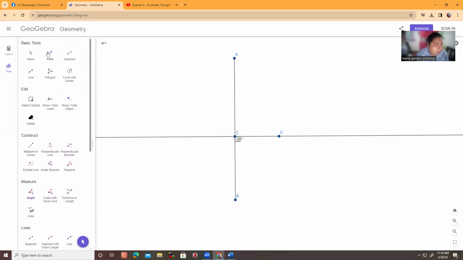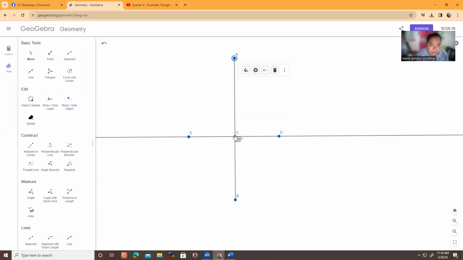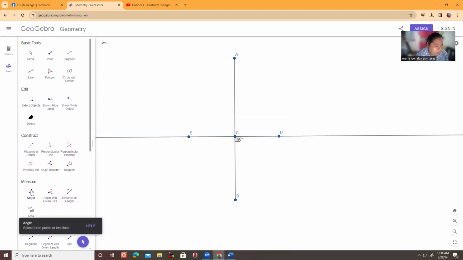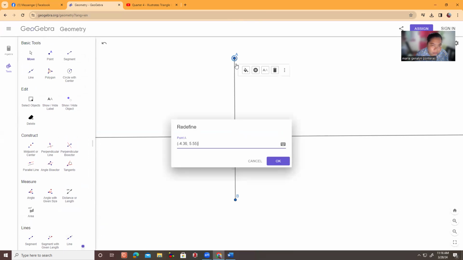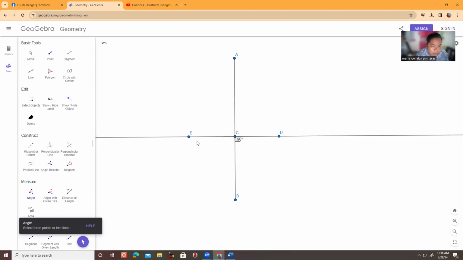This time we are going to select 3 points. Select 3 points or 2 lines.